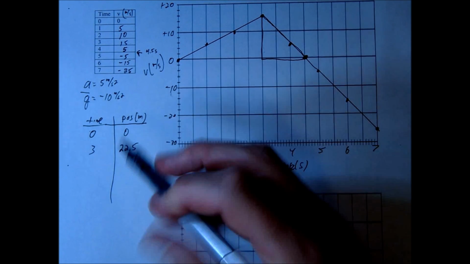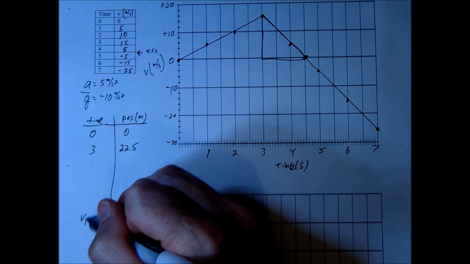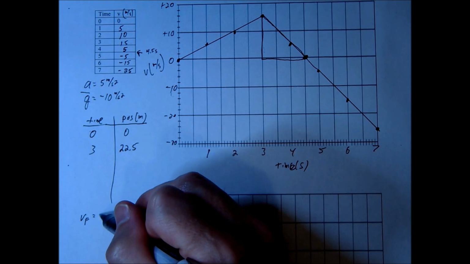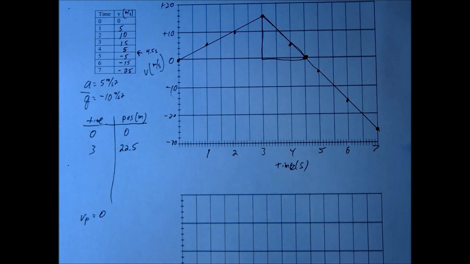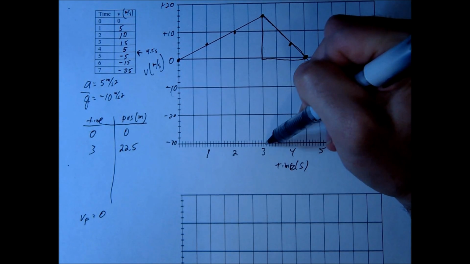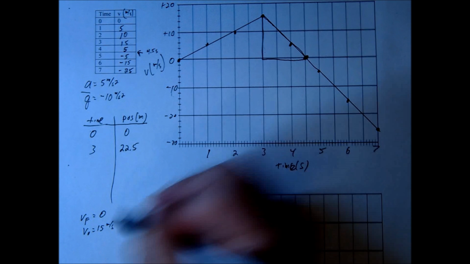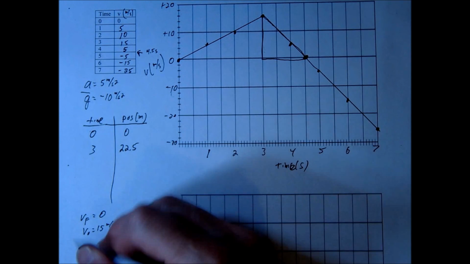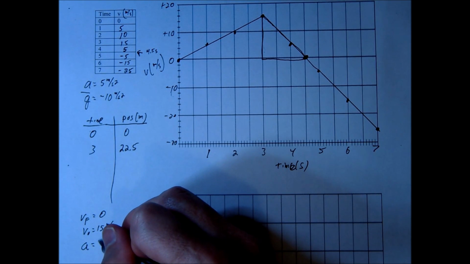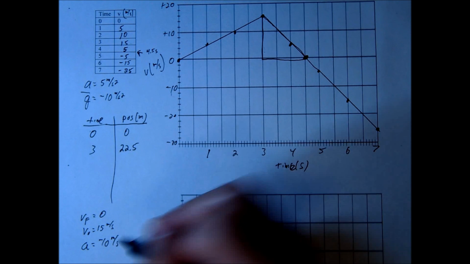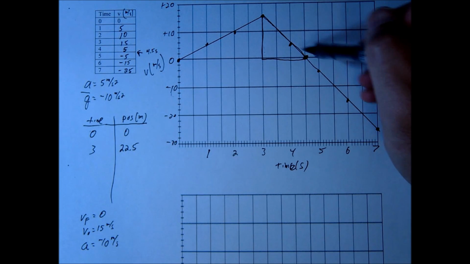So what I can do is say, I want my velocity to be 0, and find out how long it takes for my v to become 0. So if we start at, say, point 3, at point 3 we know we're moving 15 meters per second. We know now we're under the influence of gravity, which gives us an acceleration of negative 10 meters per second squared.